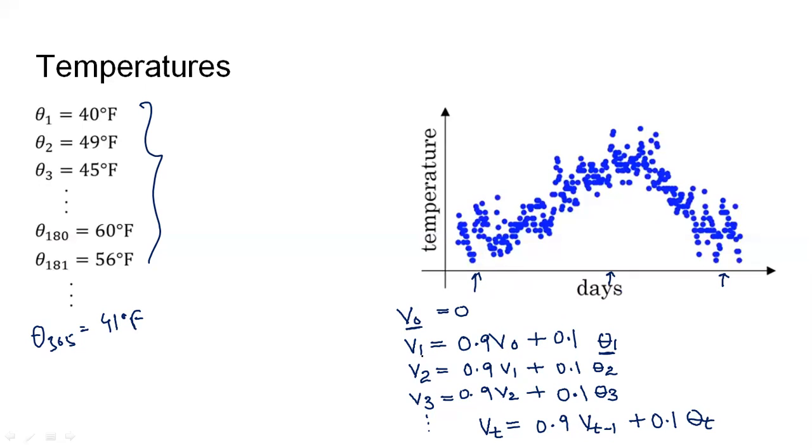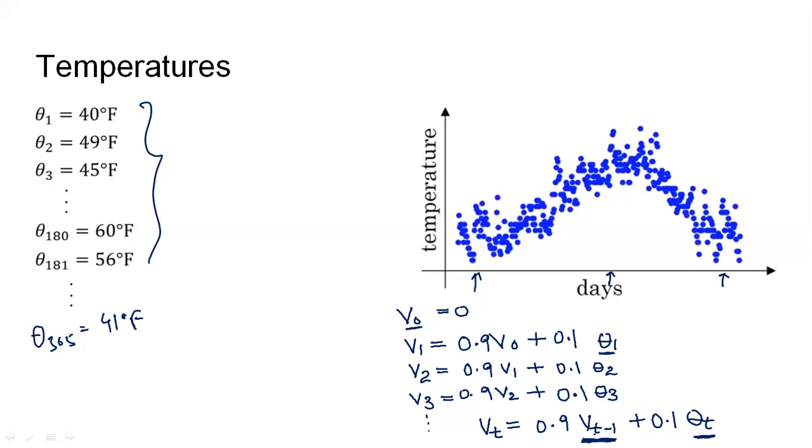Now, for finding the average temperature of a particular day, it is required that you give some weightage to the previous day's temperature and some weightage to the present day's temperature. So the present day's temperature is in some ways related to the previous day's temperature. The value of the previous day's temperature is very much necessary for finding the exponentially weighted averages.